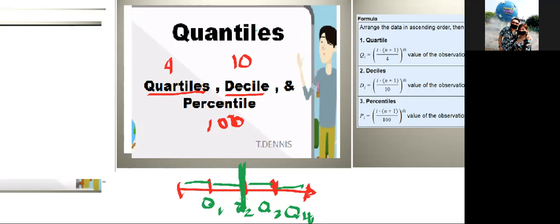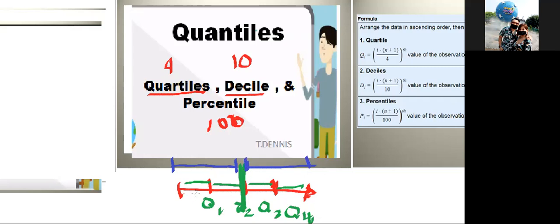We also have to take note that it divides the whole set into two: the lower part, which is our lower quartile, and the upper quartile here.